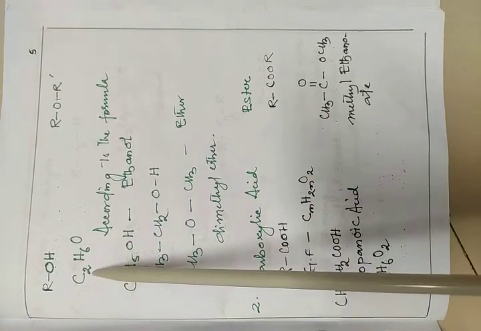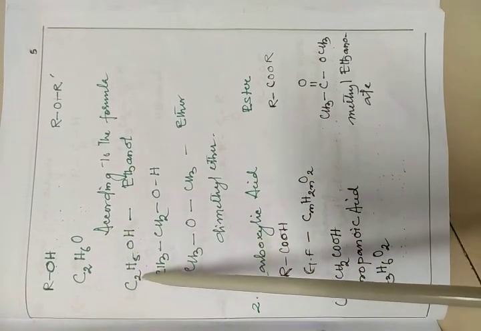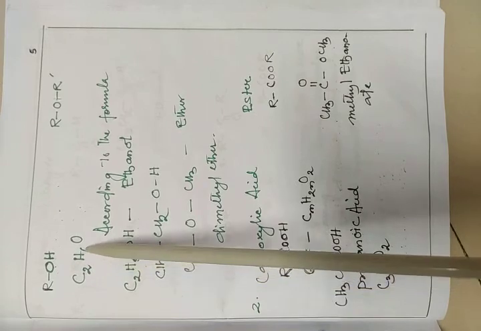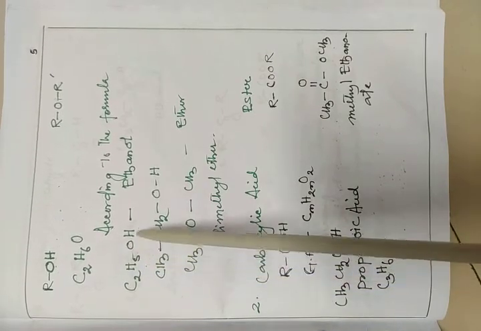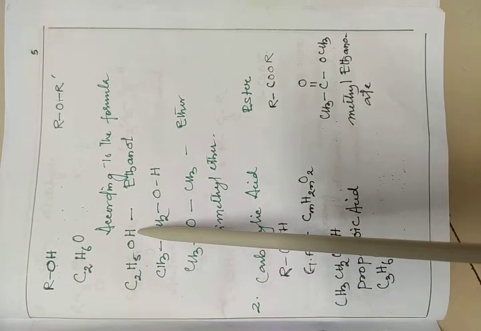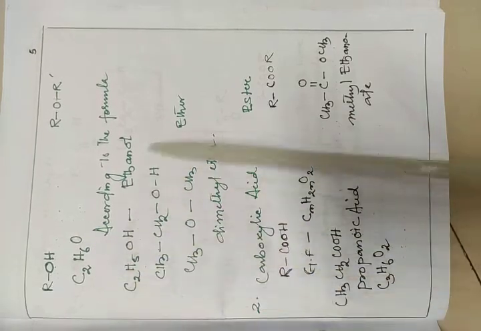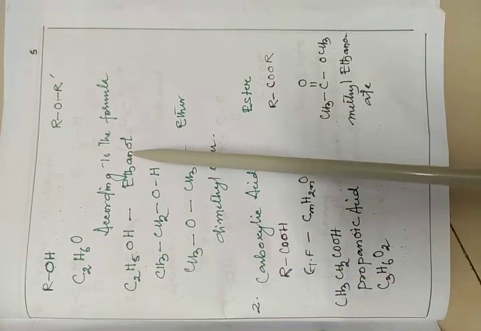So now here C2 is correct, then here 6: 5 plus the hydrogen on OH makes 6. So according to this formula this is correct, and it is ethanol.